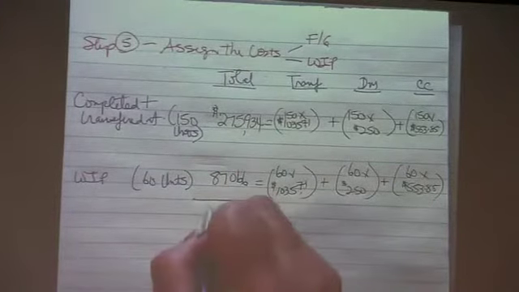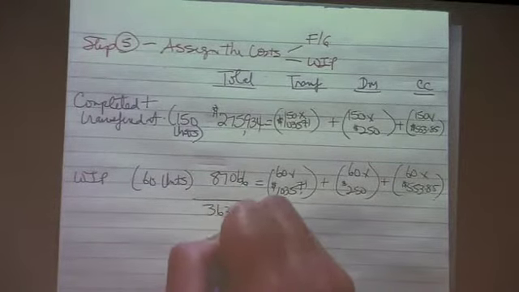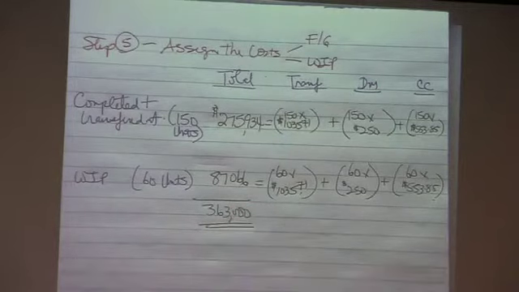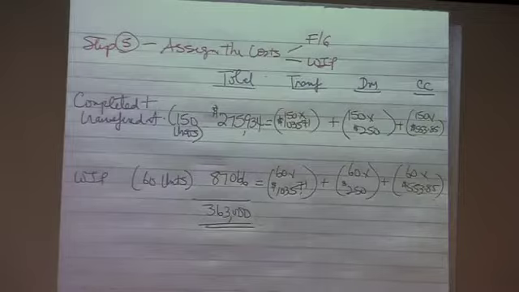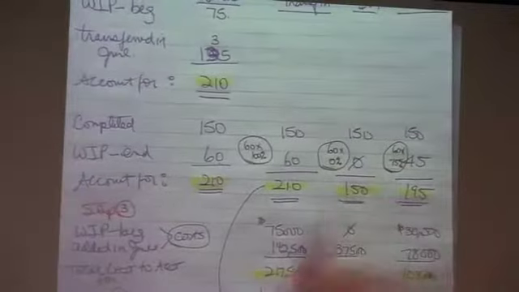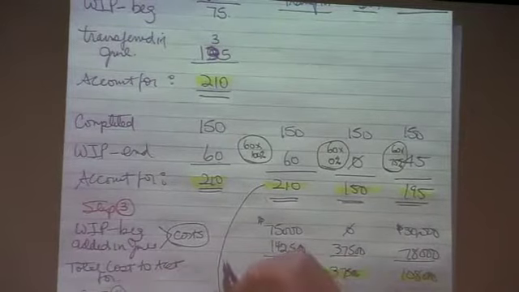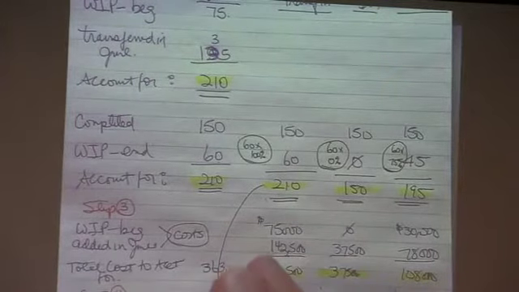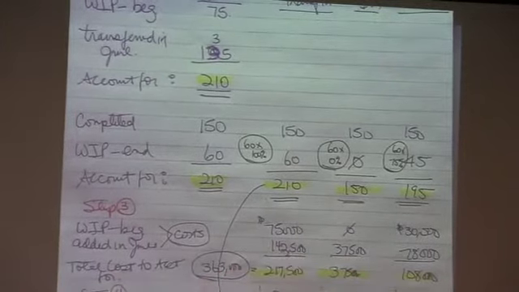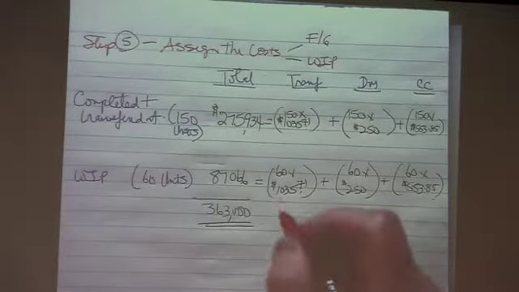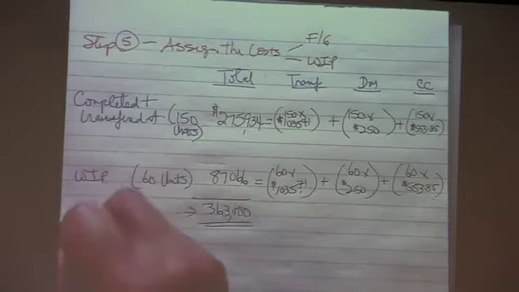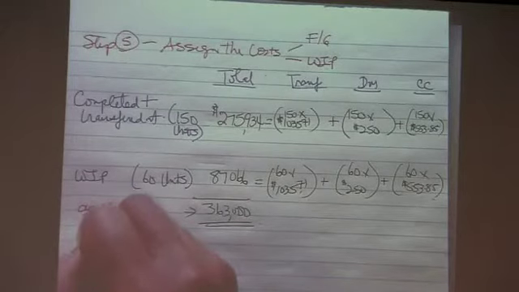The total is 363. And by the way, that ties in with step 3. If you remember, with step 3, we added these 3, and this adds to 363. That's the total, and that ties in with step 3. So this is as per step 3.